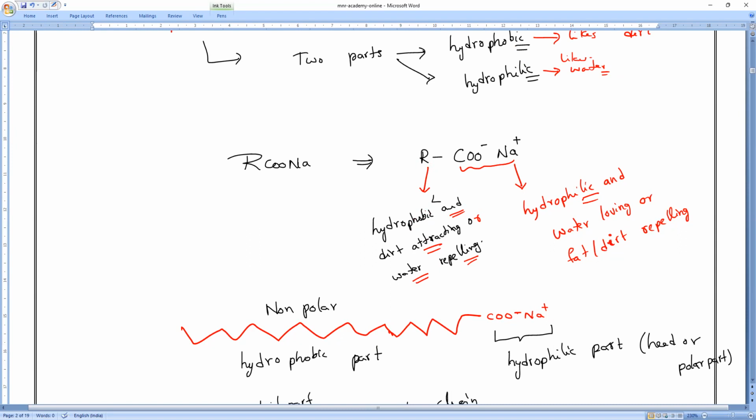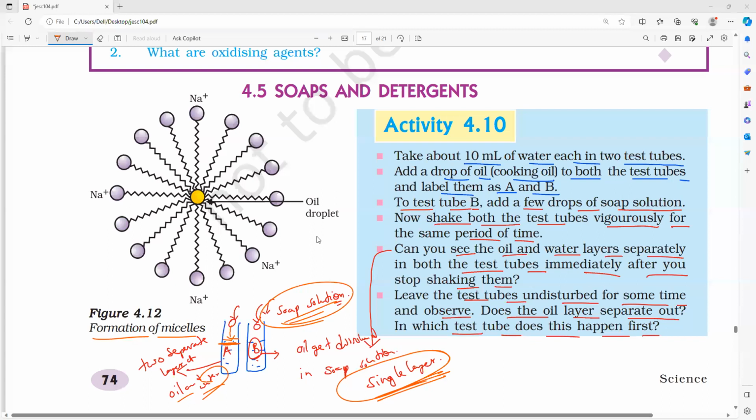So the hydrophobic tail part is towards the dirt or towards the water, guys? Towards the dirt. That is what you can see.